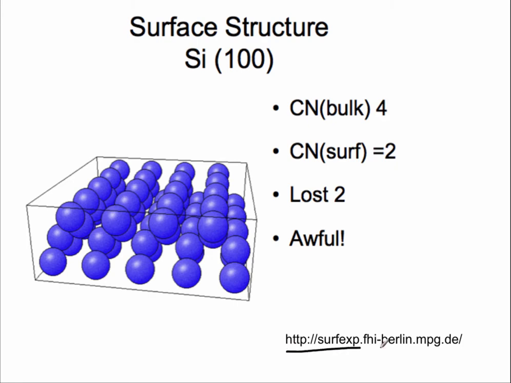If you go to this website and punch in silicon and choose this crystal face, the 100 face, and start moving this around, tilt it at a bunch of different angles, what you'll see is that these silicon atoms are sitting on top of atoms directly below them, like this.